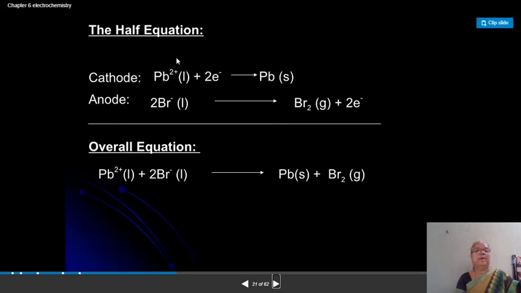Okay, then as you have already studied the examples of electrolysis, what happens at the cathode, that means the negative electrode.